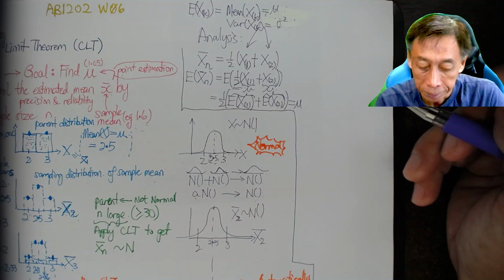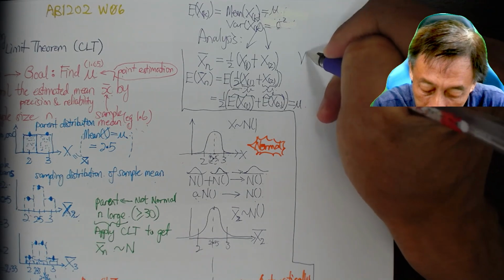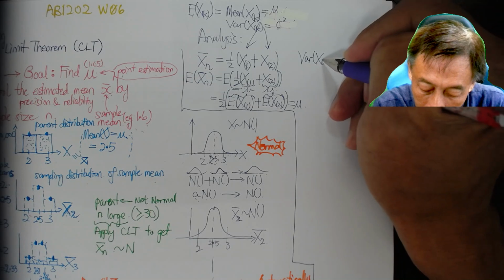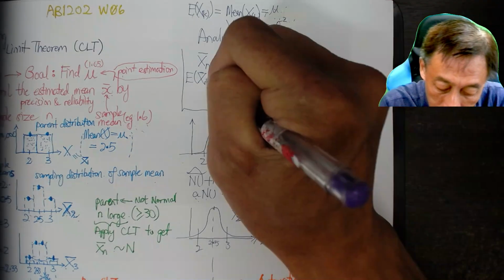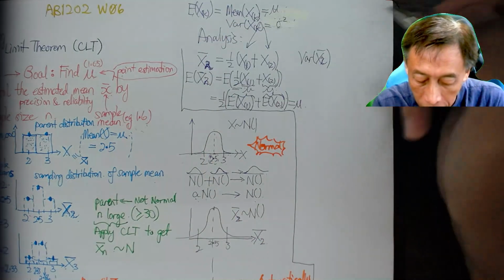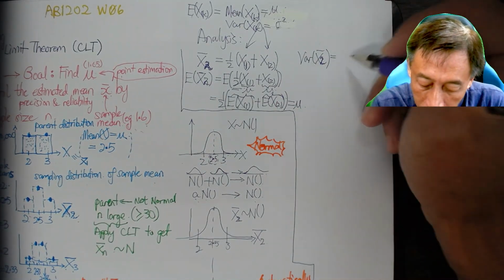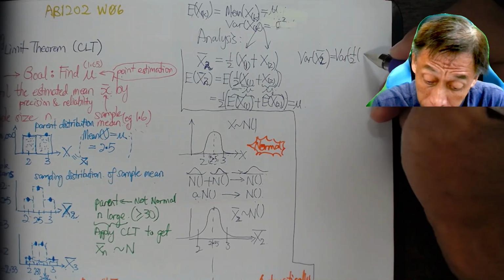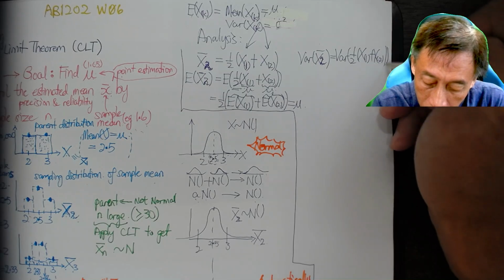Make sense? Now what happens if we talk about the variance of x2 bar? I should change it to 2 because I stopped at 2, so it's easier that way. So variance of x bar 2 will be the variance of half of x1 plus x2 bracket, right?